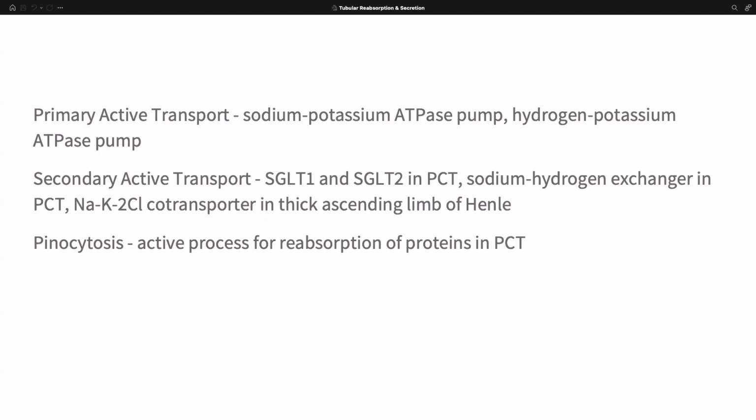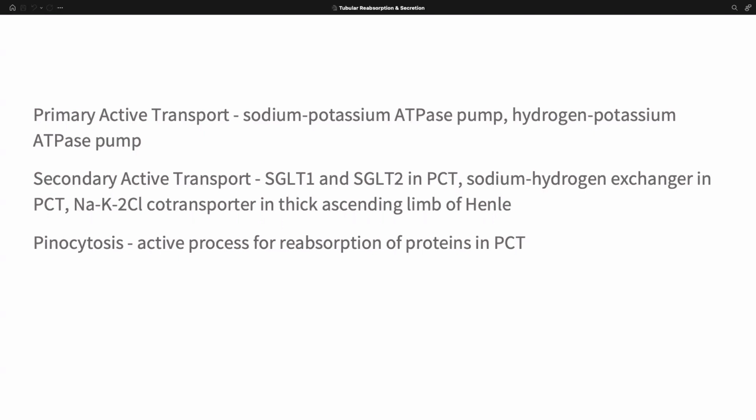And some important proteins that are involved in secondary active transport are the SGLT1 and SGLT2 transporters. You have the sodium hydrogen exchanger, the sodium chloride co-transporter, the sodium potassium 2 chloride co-transporter, and pinocytosis. What pinocytosis essentially is, is the opposite of endocytosis in a sense.